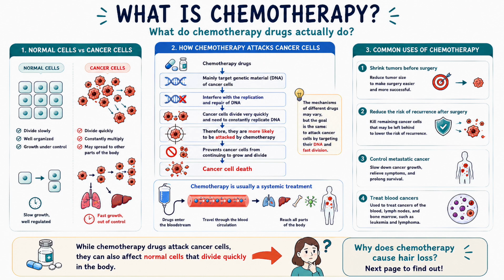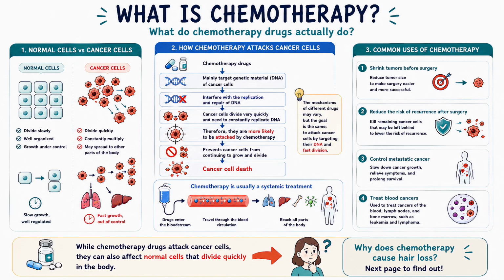Now, how does chemotherapy actually work? Most chemotherapy drugs target DNA. DNA is genetic material inside our cells. Whenever a cell divides, it first has to copy its DNA. You can think of DNA as the cell's instruction manual. Without a complete copy of that manual, the cell cannot successfully reproduce itself. Many chemotherapy drugs interfere with this process.